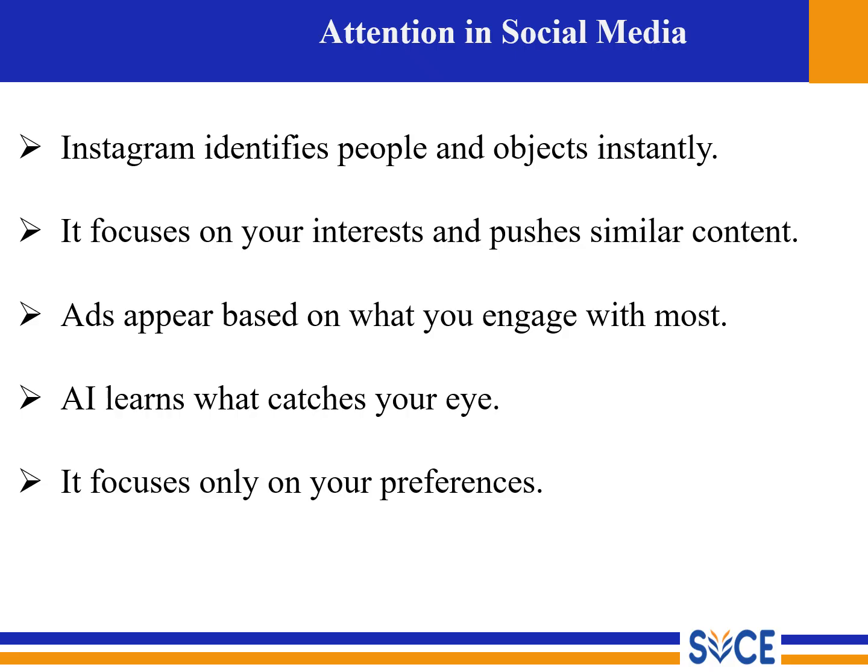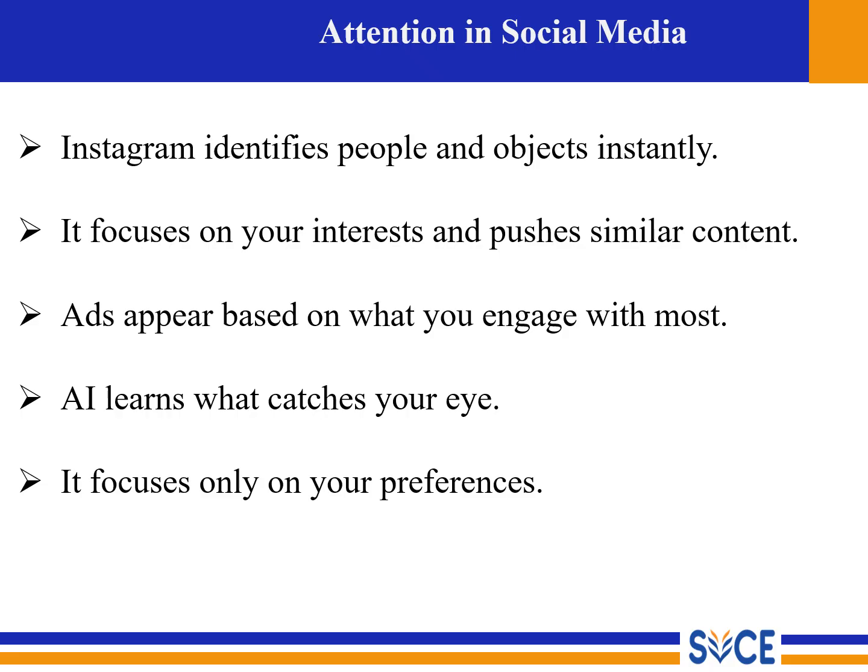It then focuses on what interests you the most and pushes similar content to your feed. This is why your Instagram feels personalized. It is not random. It is driven by attention mechanisms.